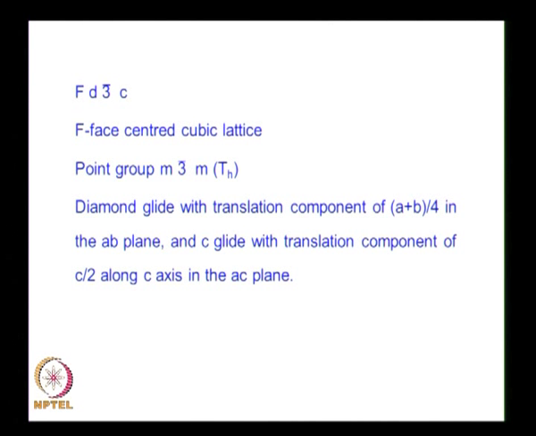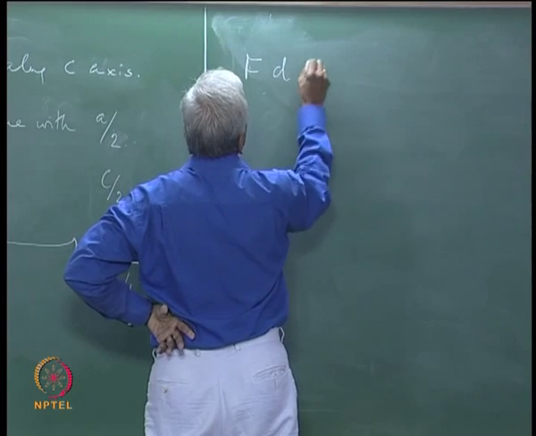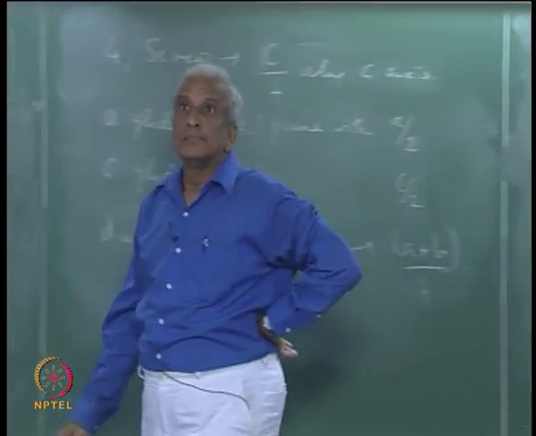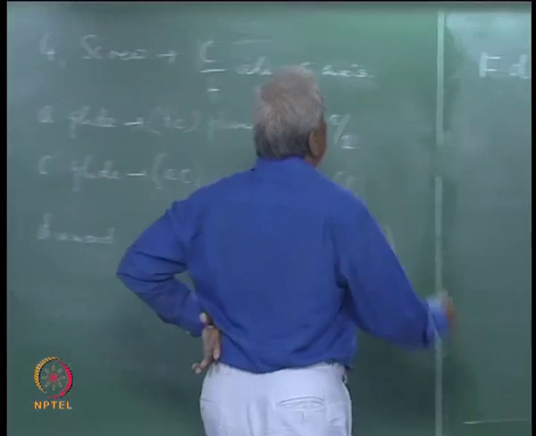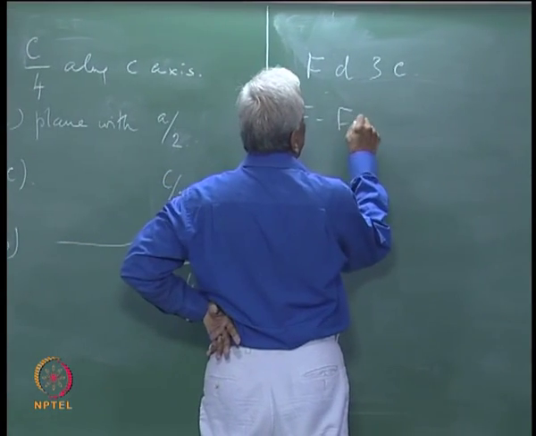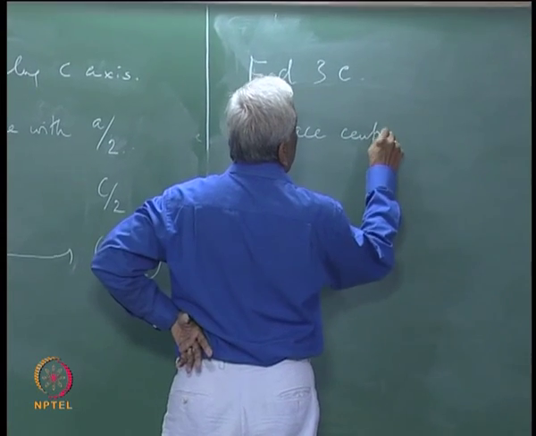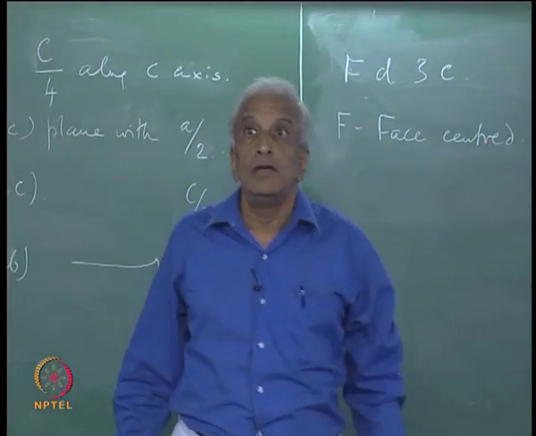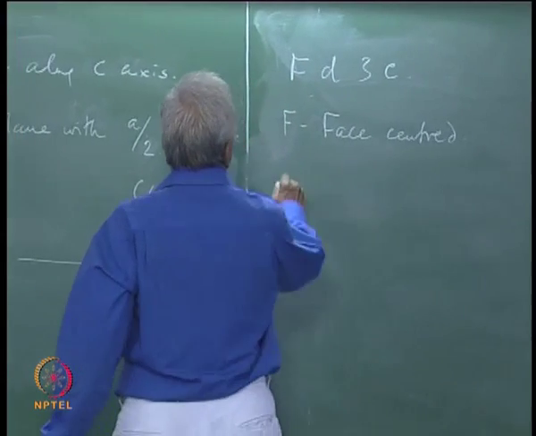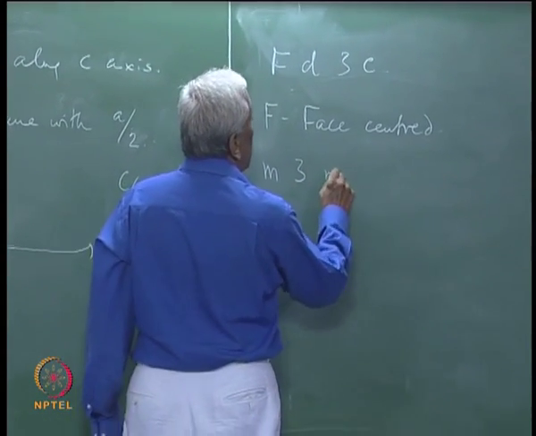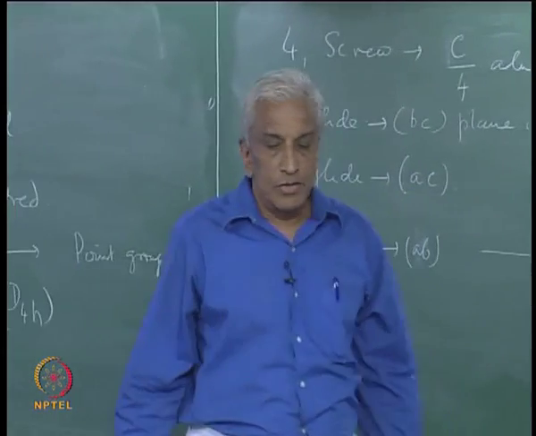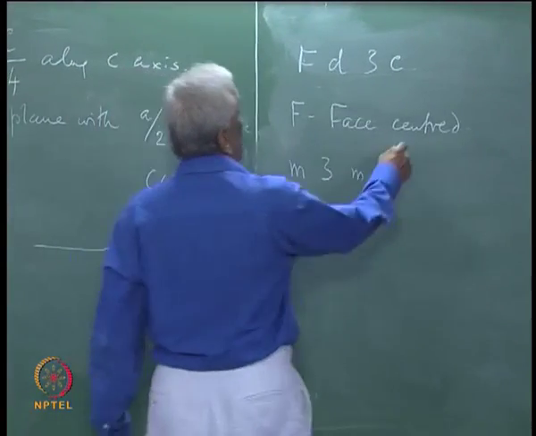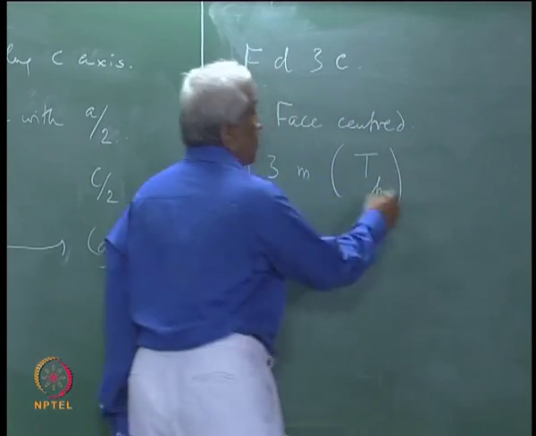Lastly, we take the case Fd3c. The symbol F obviously refers to a face centered lattice, and d3c means the point group is m3m, and that is nothing but Th, the tetrahedral cubic point group.